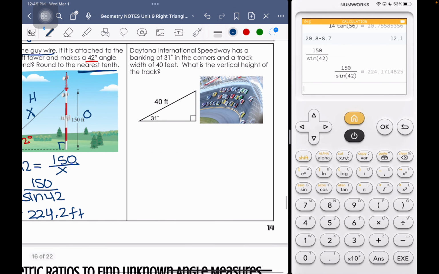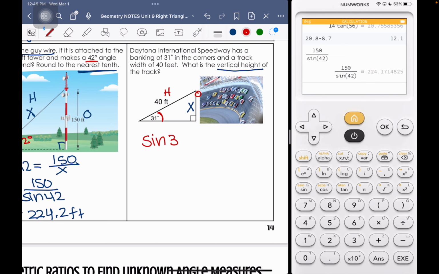Okay, Daytona International Speedway has a banking of 31 degrees in the corners and a track width of 40 feet. What is the vertical height of the track? The vertical height would be this length right here, so that's our X. Using our reference angle, X is our opposite and 40 is our hypotenuse, so that is going to be sine.